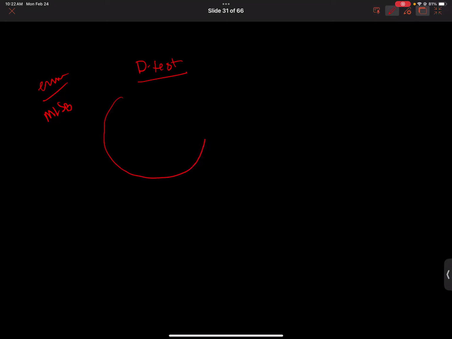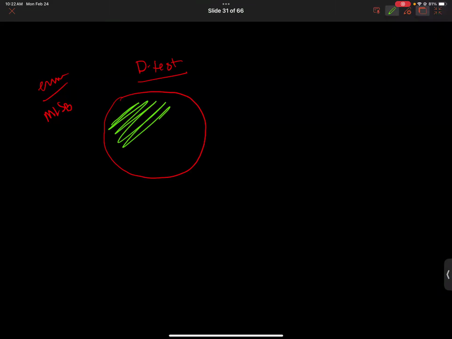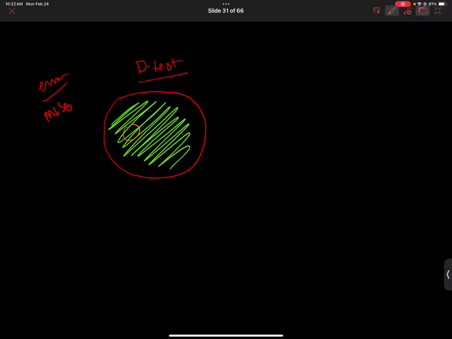On a Kirby-Bauer dish, you'll essentially seed the plate with the bacteria, okay? And then on the plate, you'll put one disc, and then you'll put another disc. This one has erythromycin.